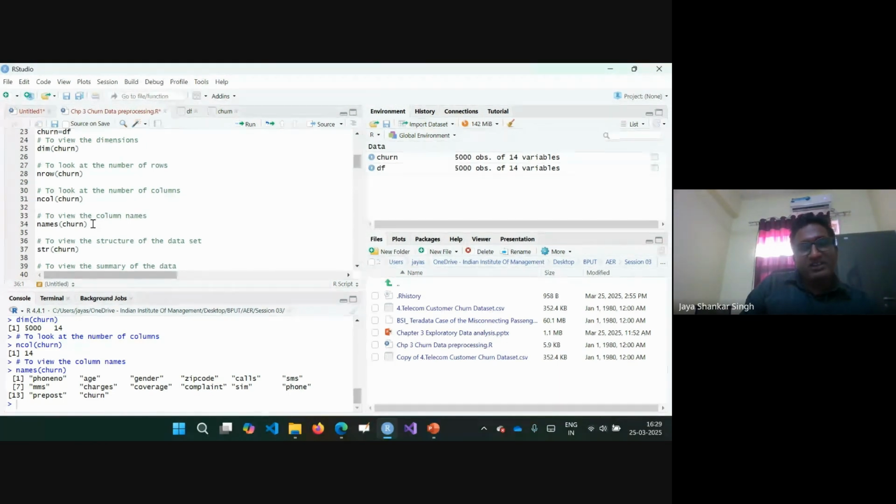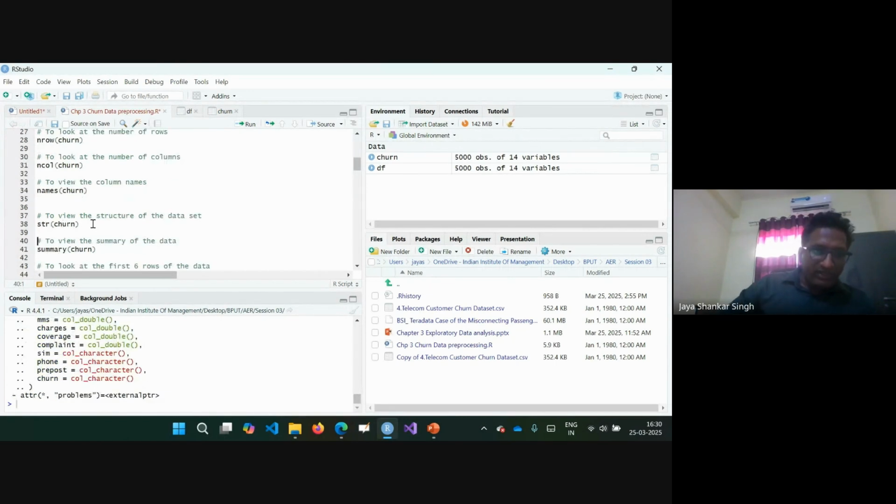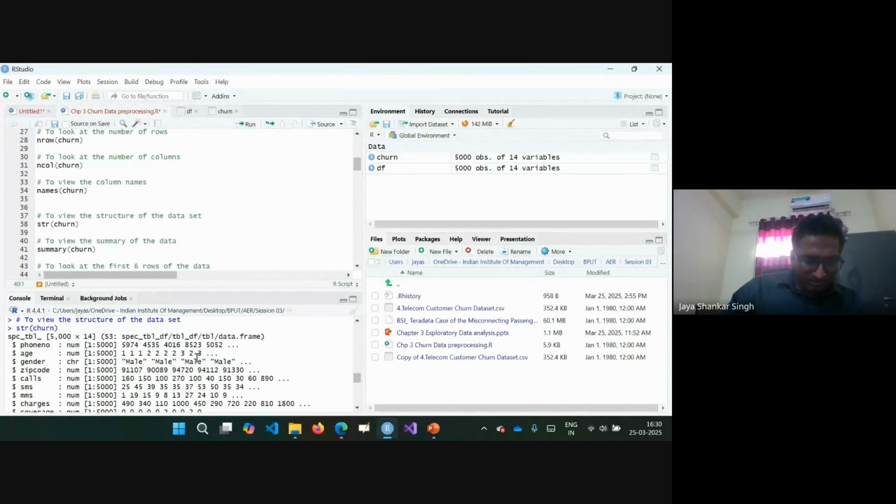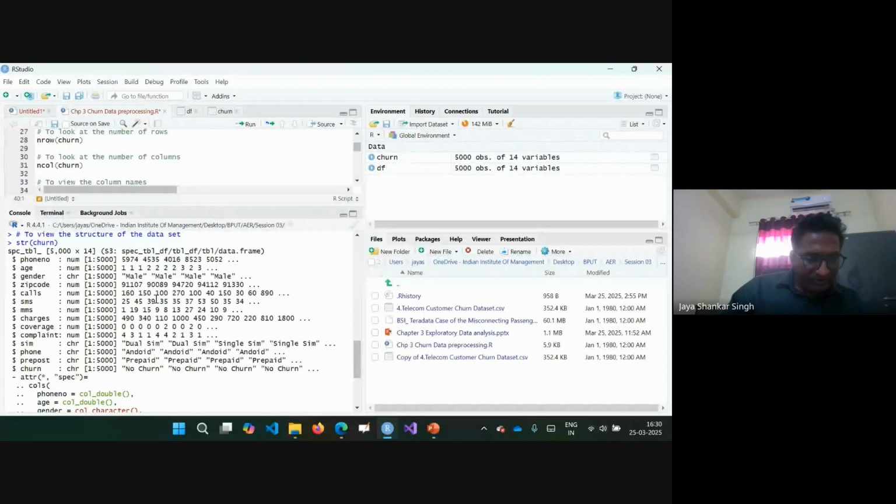So mostly we are trying to have a thorough understanding of the data at our disposal. Oh, sorry. What does the structure of the data function do? Now, if you look at this particular output, I'll expand it for you.